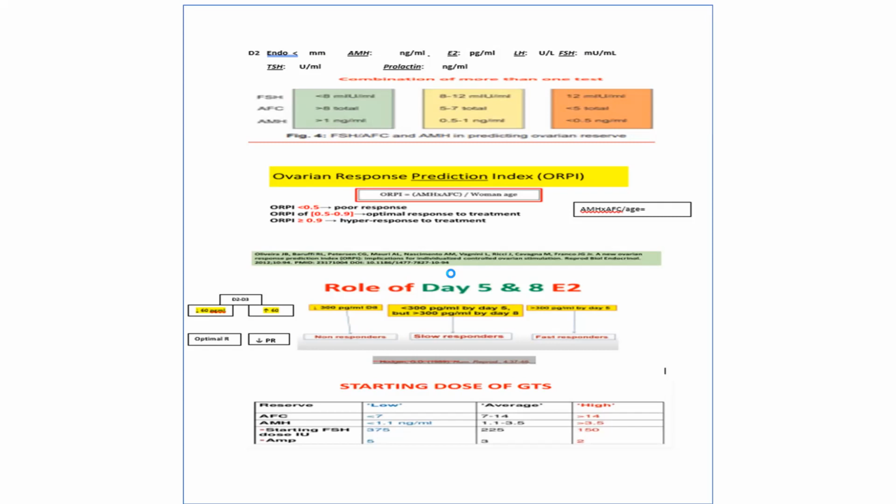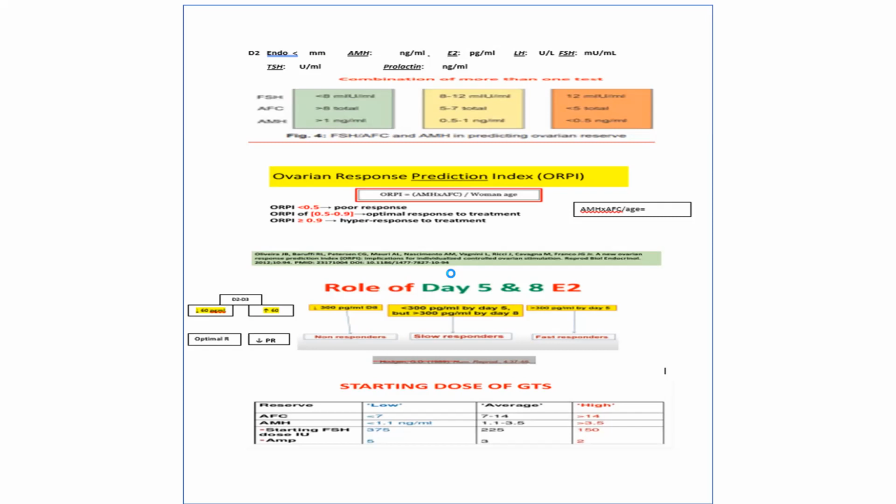The last point in this sheet is the use of day 5 and day 8 estradiol for estimation of the success of the induction of ovulation, and importantly, to correlate these findings to define the starting dose of gonadotropins. If the antral follicle count is less than 7, the anti-Mullerian hormone is less than 1, and the baseline FSH is high, this means that the patient is a low responder, and you can start with 5 ampoules daily, 375 international units daily.